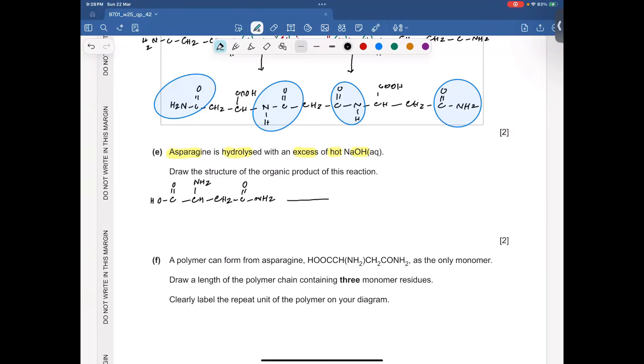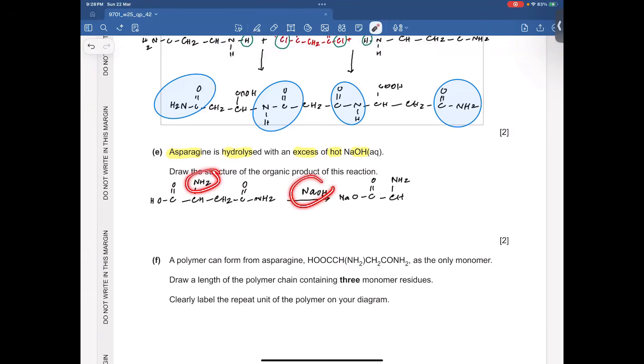Now, when you treat it with NaOH, obviously this carboxylic acid will turn to salt. This CH will remain as it is. NH2 will remain as it is. NH2 is basically an alkaline group. This is also an alkali. They cannot react together, which is why it will remain as it is. Now this CH2 will remain as it is.